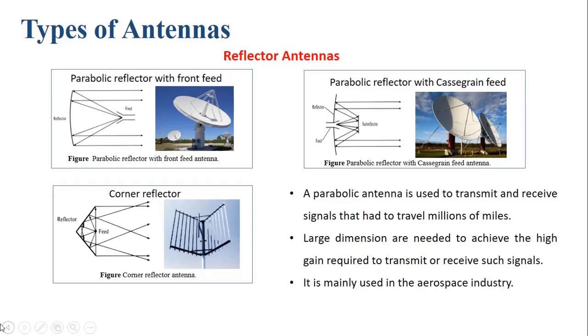You can see in the figure the parabolic reflector antenna along with the front feed antenna. The second is the parabolic reflector with Cassegrain feed antenna, and the third one is the corner reflector antenna. They are mainly used in the aerospace industry.